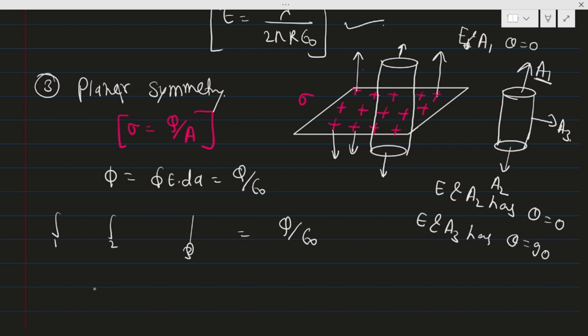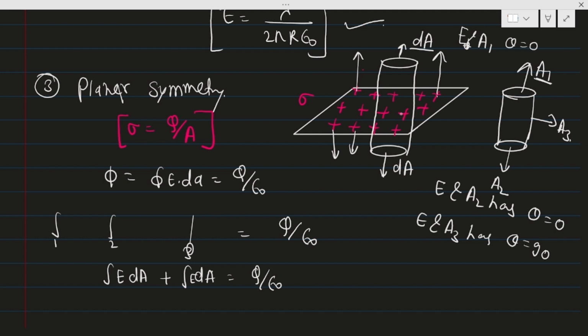So integrating over these, E dA, and the same area below, E dA, is Q upon epsilon naught.